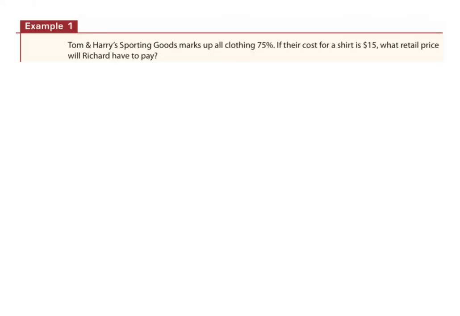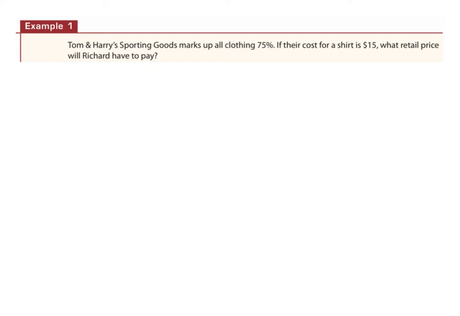Tom and Harry's Sporting Goods marks up all clothing 75%. If their cost for a shirt is $15, what retail price will Richard have to pay? So Richard is the consumer. He is the guy buying it. They are telling me that they mark all of their clothing up 75%. So they have given me the markup rate.